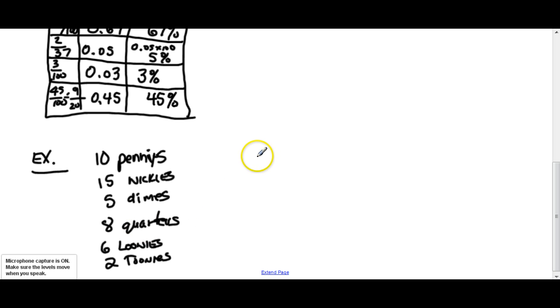Well, you place all these inside of a bag, and you would stick your hand inside the bag and pull something out. Now, if we want to calculate the probability of choosing a penny out of the hat, you'd say, I know there's 10 pennies in the hat.